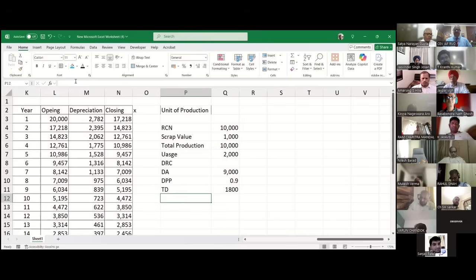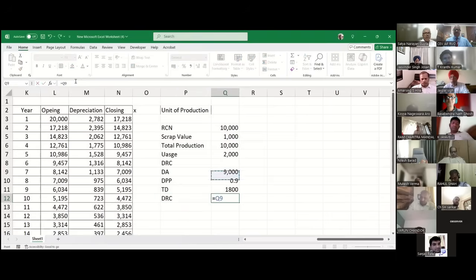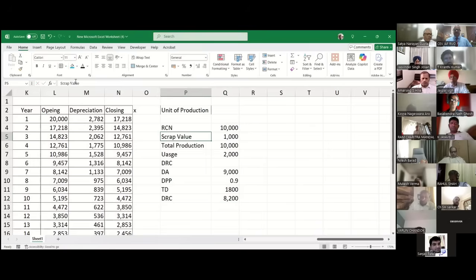So DRC will be 10,000 minus 18. Any doubt? What is DPP? Depreciation per production.